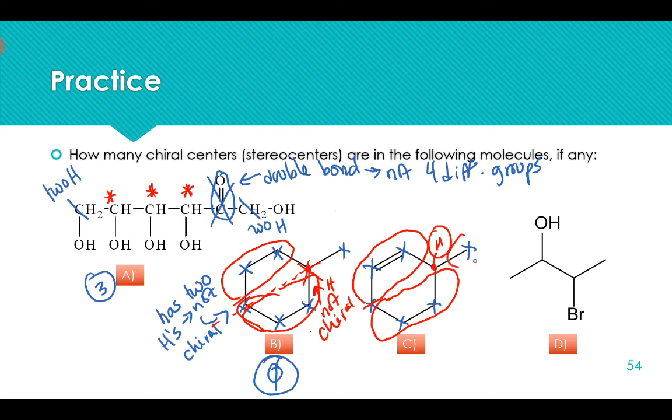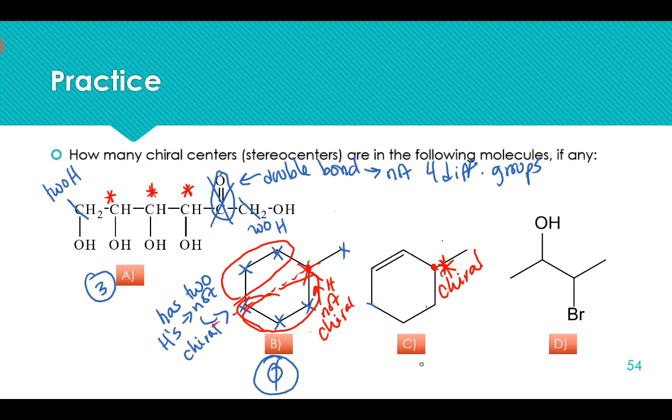And then of course it has the H and that methyl group up above. And so now this group and that group are not identical anymore. This one has a double bond and this one does not. That's different than that. So this carbon now has 1, 2, 3, 4 different groups on it. That means that this carbon is chiral. I'll go ahead and put a little star on it. So that one is chiral. That means this molecule has one chiral center.